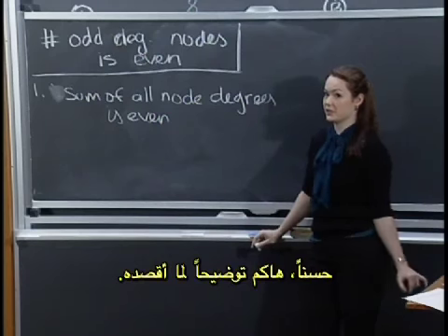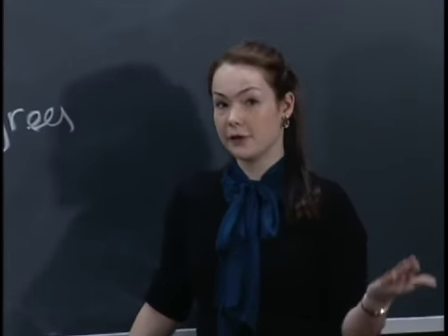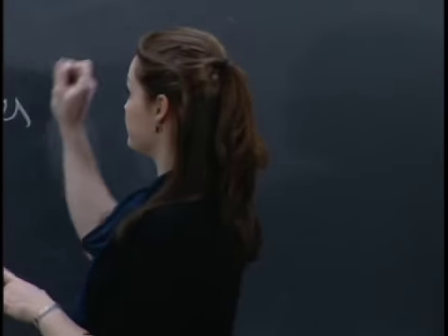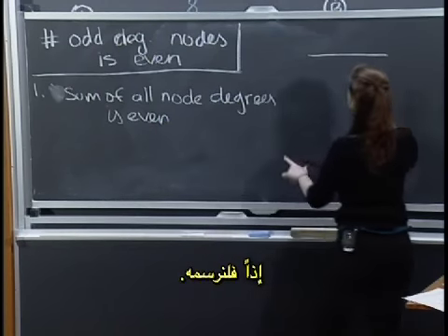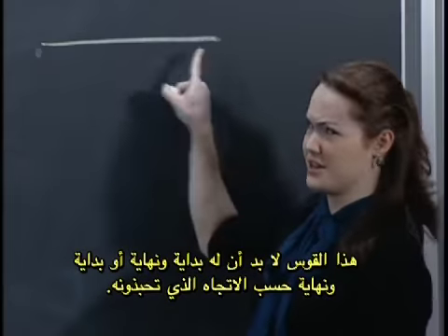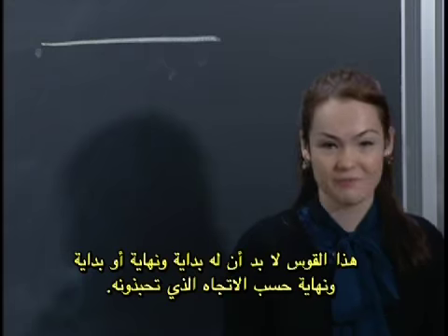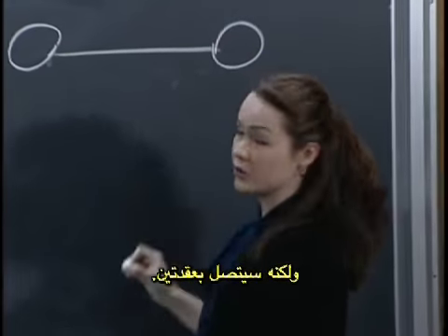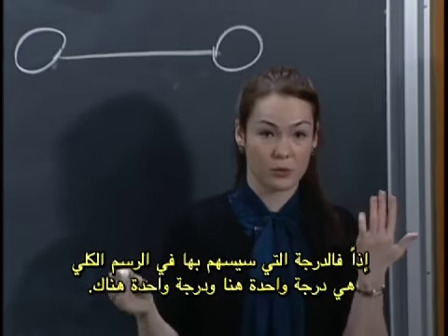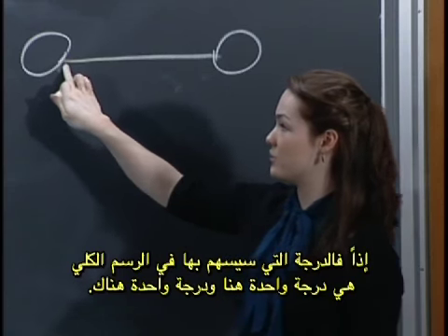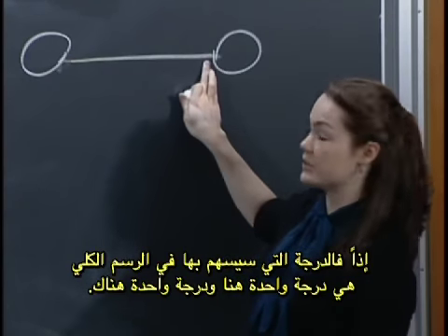Well, here's a way to understand it. If you think of an arc, one arc that's added to a graph, so let's actually draw an arc. That arc will have a beginning and an end, whichever direction you want to go in, but it will be attaching to two nodes. So it will be adding 1 degree here and 1 degree there.